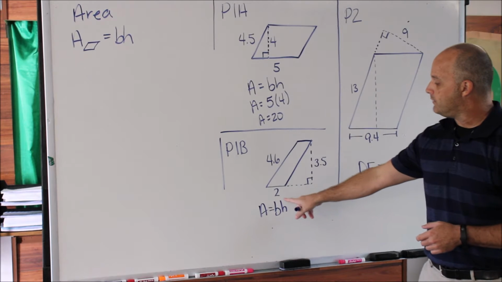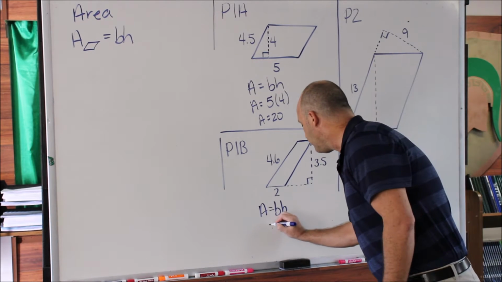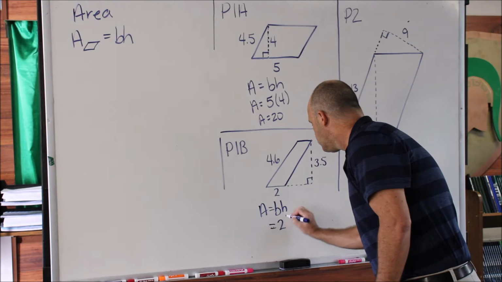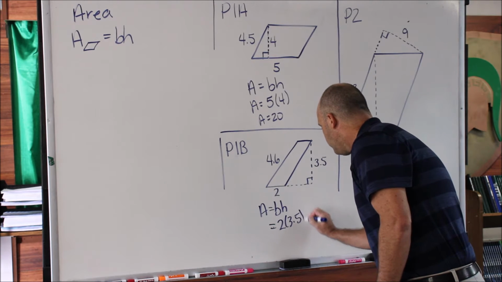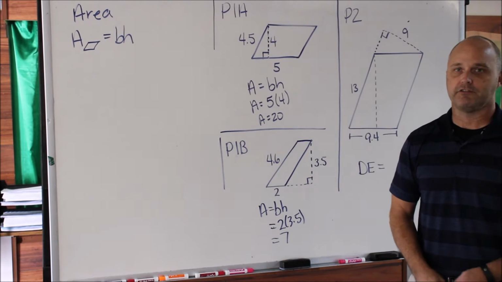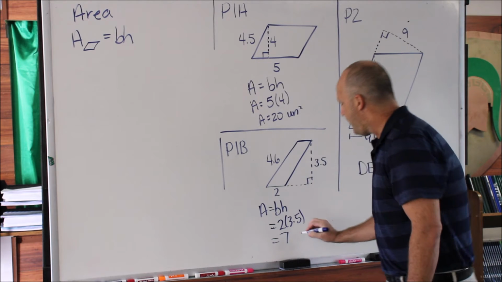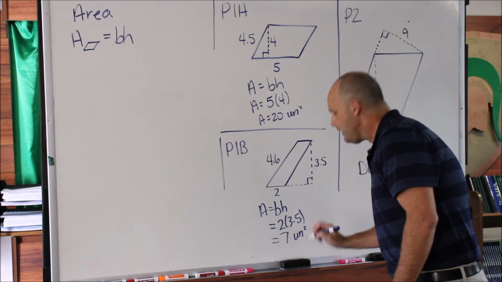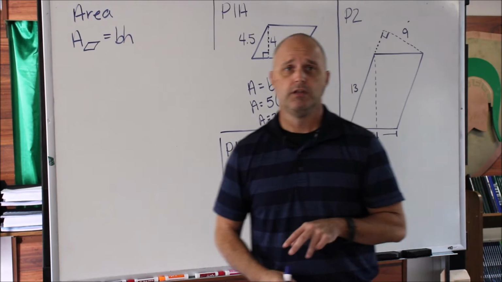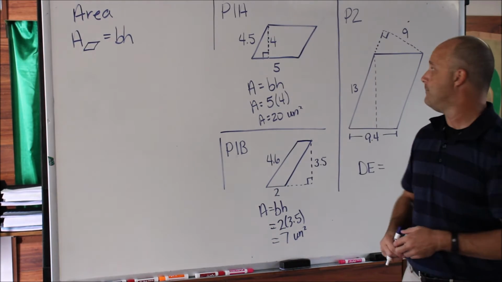So since we know that it's going to be this base with this associated height, we're going to go 2 times 3.5, and so that tells us that our area is going to be 7 units squared. So anytime that you are working with these, remember that area is always 2-dimensional. So that means that whatever your unit is, you're always going to square that unit.